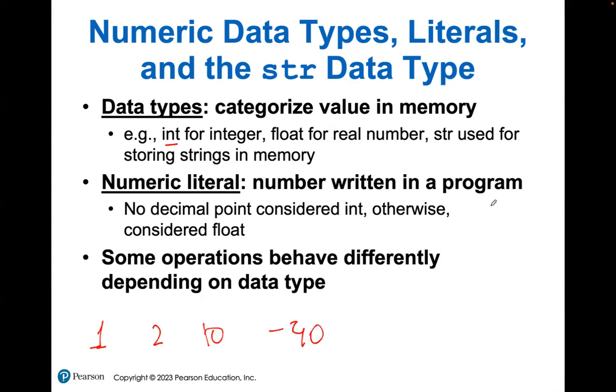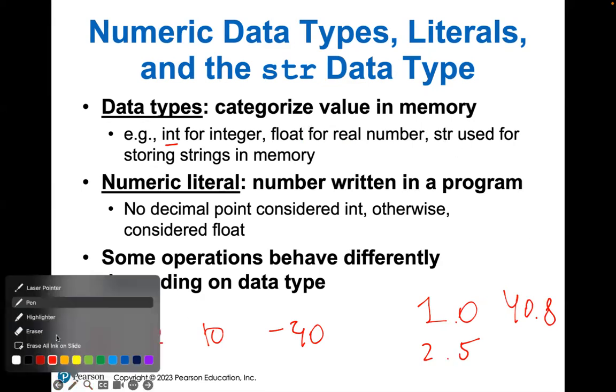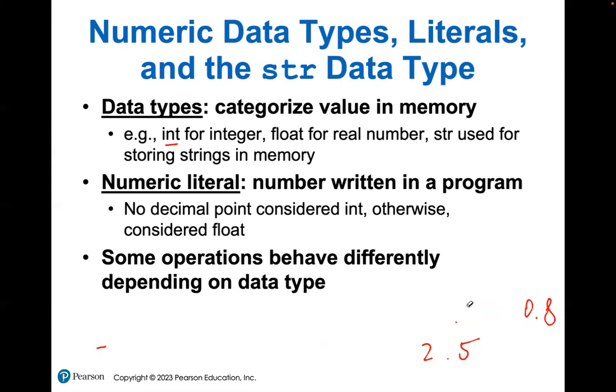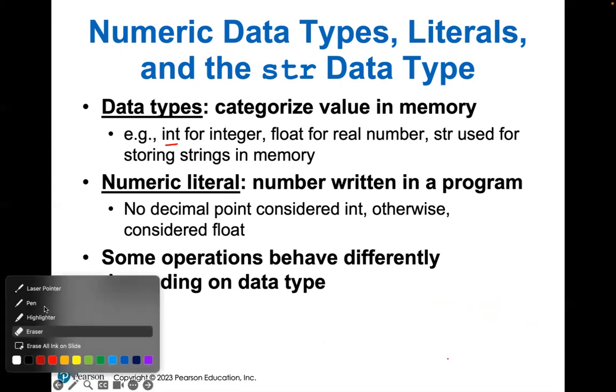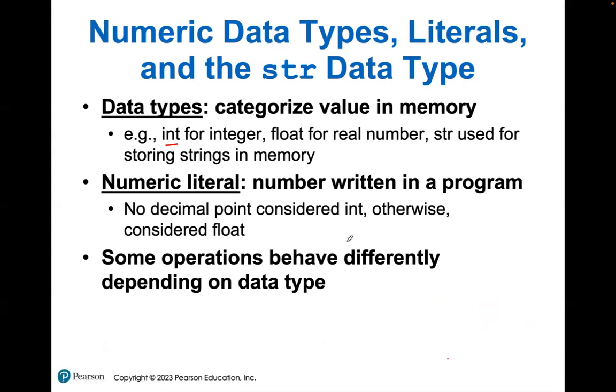Now, float is a real number, so a decimal. If you have 1.0, 2.5, 40.8, these are all floats or real numbers. And string, as I told you already, is just a sequence of characters. So any word, any sentence, that is a string.